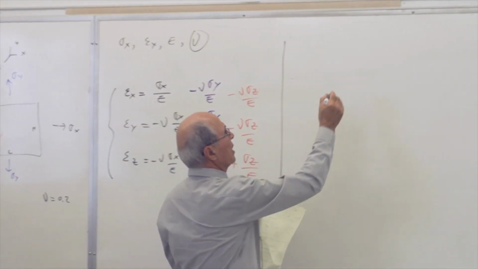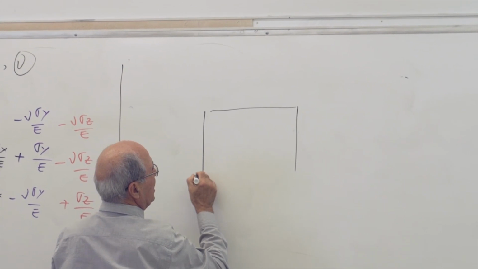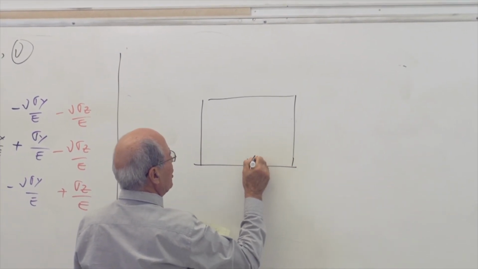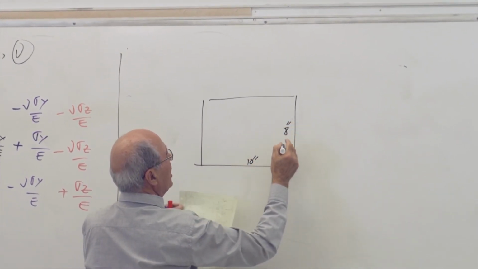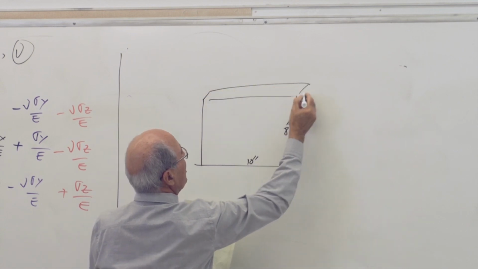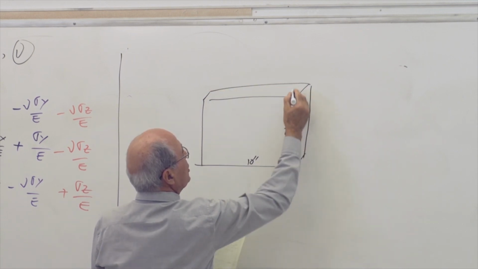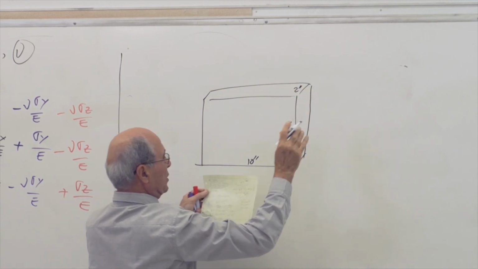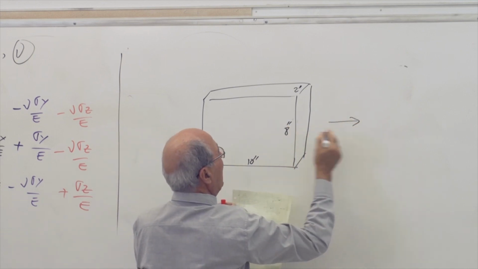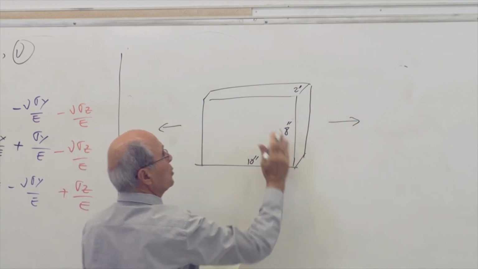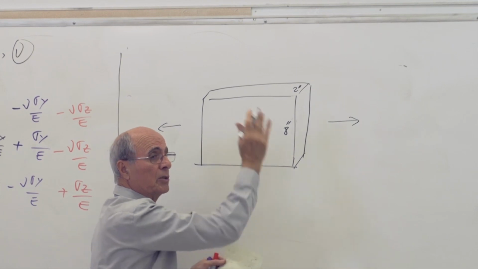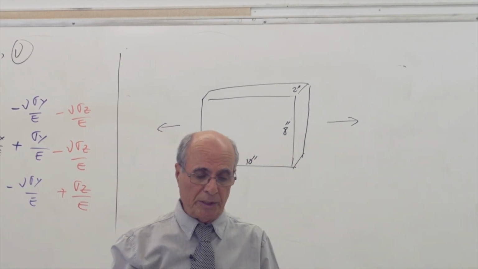Now look at this plate, guys. We have a plate here, 10 inches wide, 8 inches the height, and a thickness of 2 inches. And then we have a force here applied in that direction, which I'm going to put uniformly distributed over the area, but I'm not showing that.